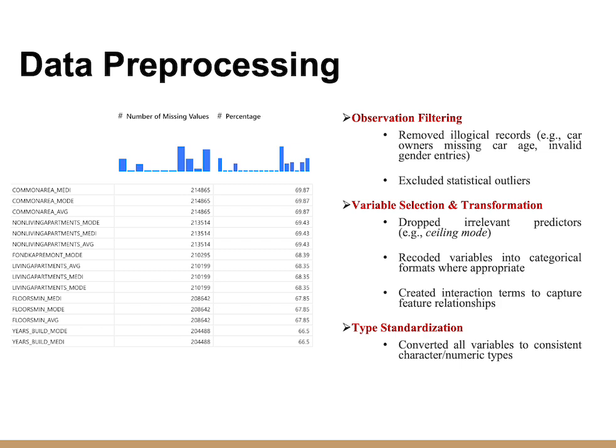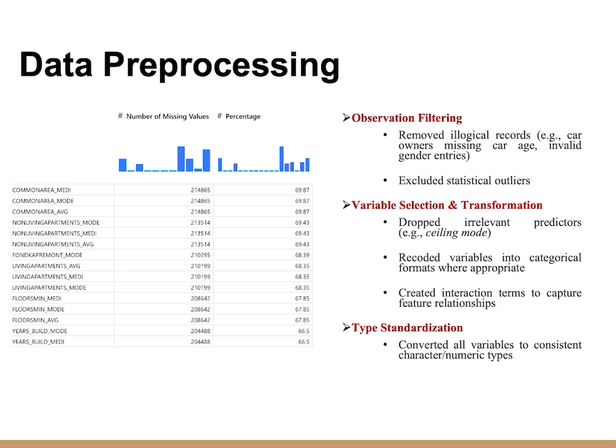I first cleaned the dataset by removing those ambiguous observations, such as records with missing car age despite indicating car ownership, or invalid gender in entries.